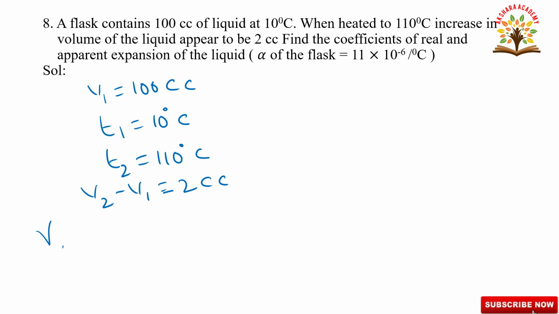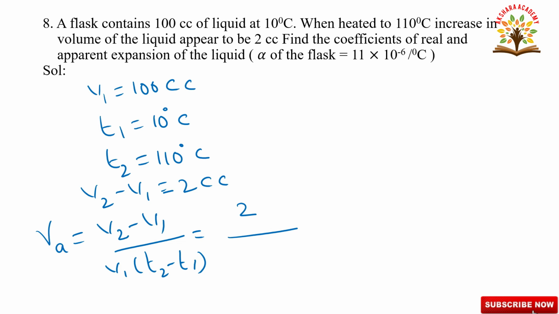Then gamma A is equal to (V2 minus V1) by V1 (T2 minus T1). Substituting V2 minus V1 as 2, V1 as 100, and T2 minus T1 as 110 minus 10, that is 100, we get 2 by 10 to the power of 4, that is equal to 2 into 10 to the power of minus 4.